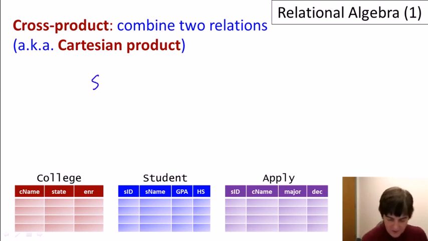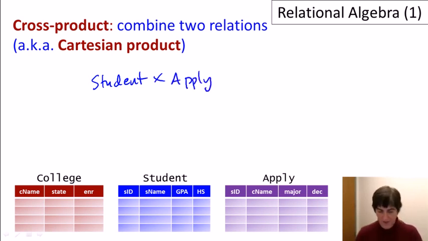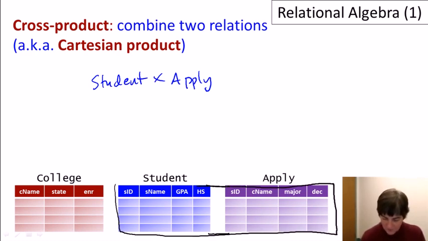So let's talk about, say, doing the cross product of student and apply. So if we do this cross product, just to save drawing, I'm going to just kind of glue these two relations together here. So if we do the cross product, we'll get as a result a big relation here, which is going to have 8 attributes, the 8 attributes across the student and apply.